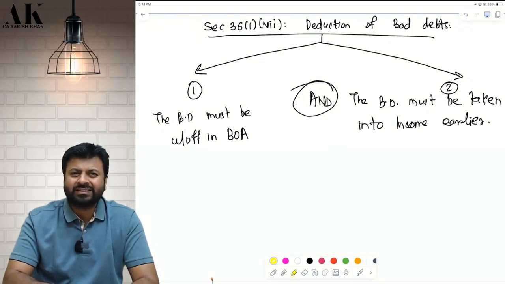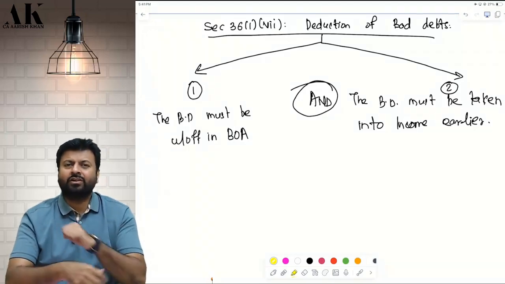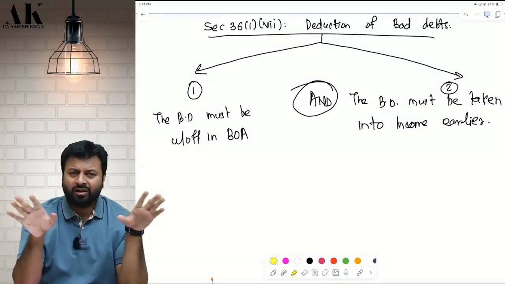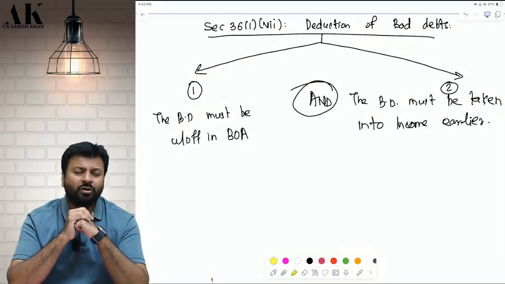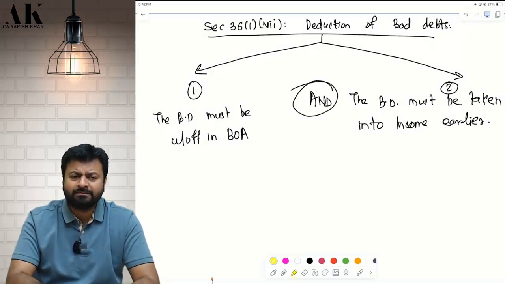The assessing officer will never get satisfied here. Okay. Because most of the assessing officers are corrupt. They are not going to listen to you. They will never ever be satisfied with your claim of bad debts. So the law has removed that condition that you have to prove it. No need to prove. You can directly claim. Just write it off in the books of accounts. Is it clear? You will get the deduction. That's it. The matter is closed.